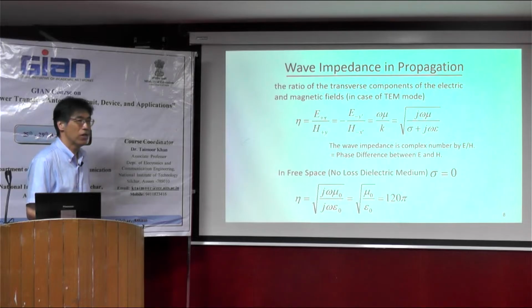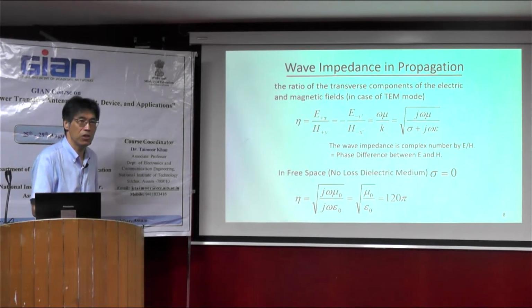So now I assume epsilon 0 and mu 0. But if the wave propagates in other dielectric media, the values of epsilon or mu are different. Impedance changes. And I will explain in the next tutorial that the speed of propagation changes.